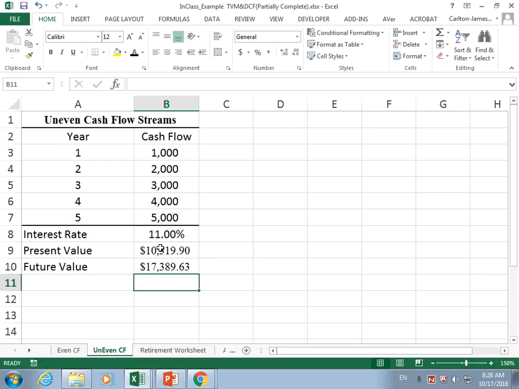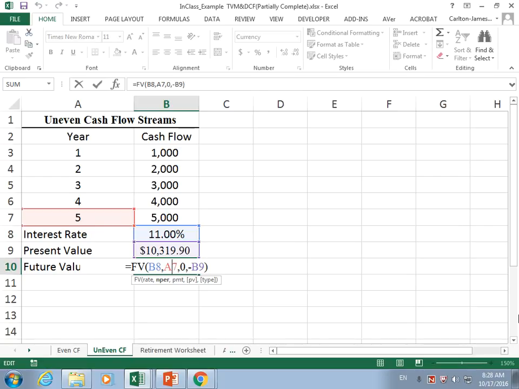So to find the future value, this is the amount, okay? You first find the present value, and then you take the present value 5 years to the future in order to find the future value. So it's uneven cash flows. That's sort of what you have to do.